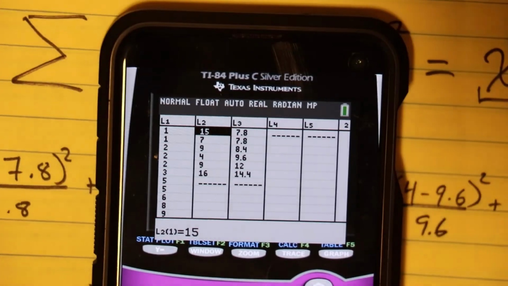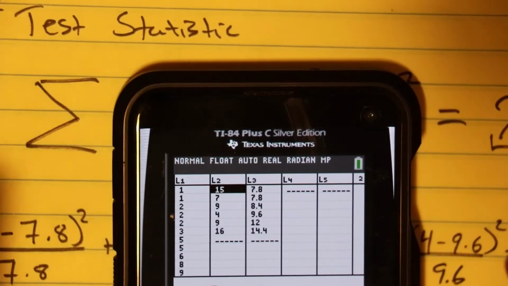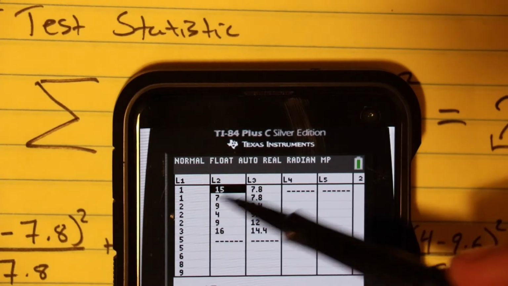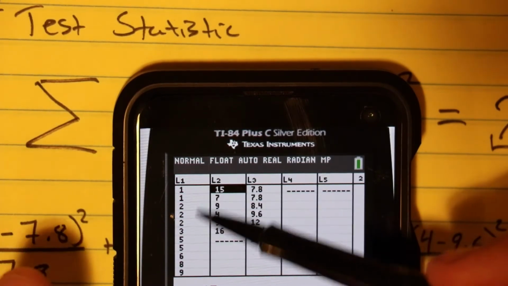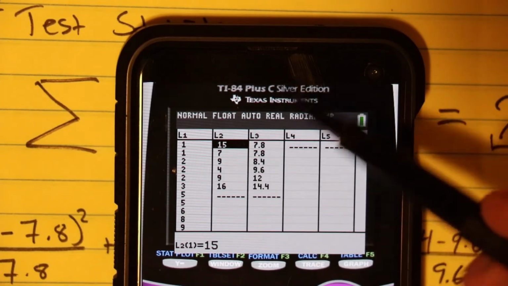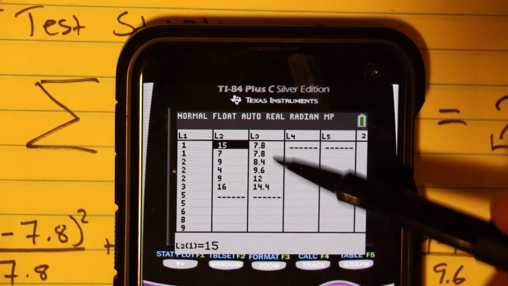Okay, check this out. So I've put my observed counts in L2 and my expected in L3 for some reason, because this is my M&M collecting data here, so don't worry about that too much. I have observed in L2 and expected in L3. Now here's the cool part.